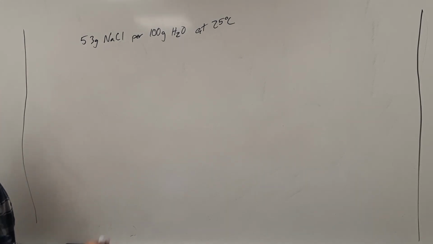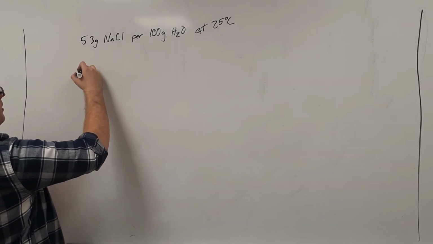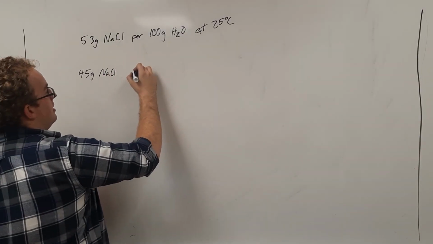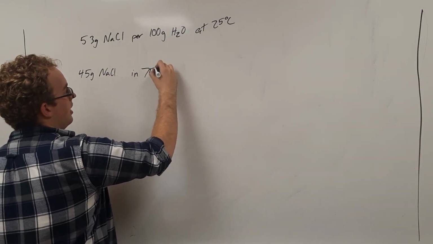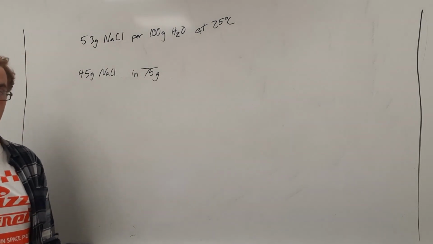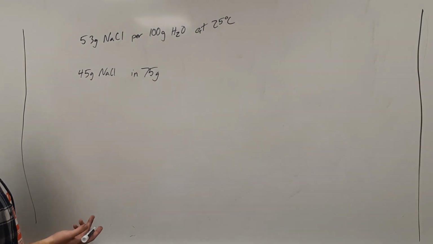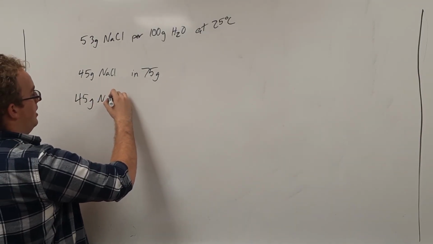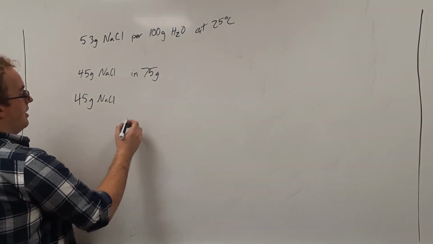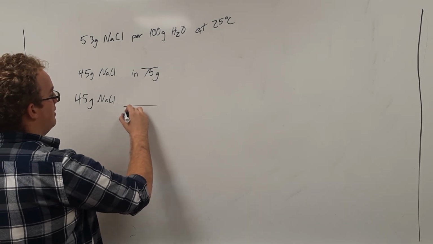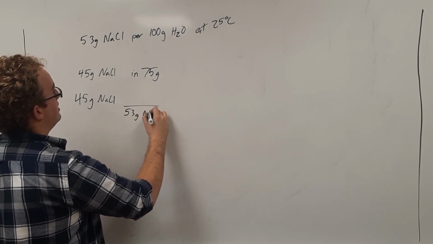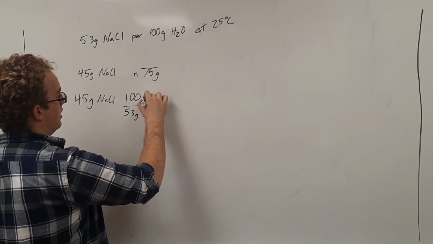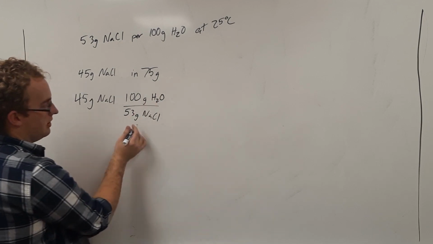So, if say I wanted to dissolve 45 grams of salt in 75 grams of water, I could think, how much will be left over from this? I take my initial amount, 45 grams of NaCl, and I would say, okay, for every 53 grams of NaCl, or for every 100 grams of water, I can dissolve 53 grams of NaCl.